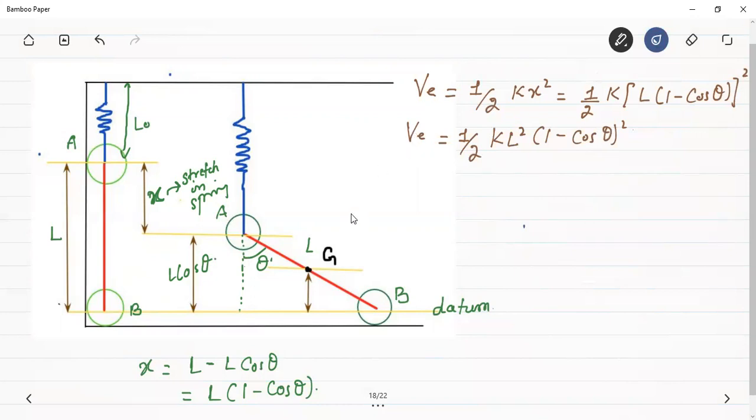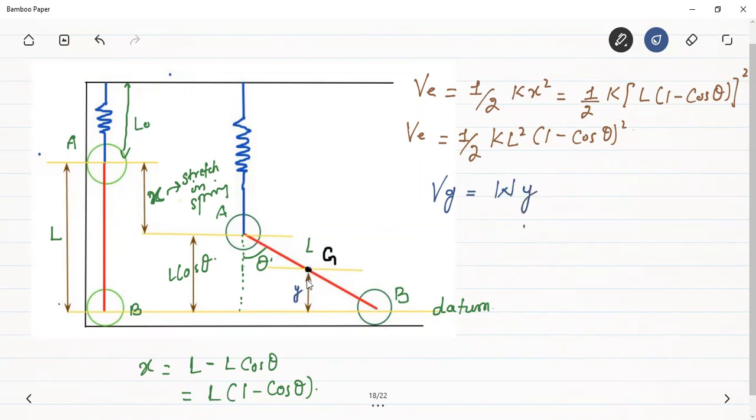Now let's write the gravitational potential function. The center of gravity of this bar is above the datum by this much distance. Let's take this distance to be y. Then the gravitational potential function can be written as the weight of this bar multiplied by the vertical height of the center of gravity from the datum.